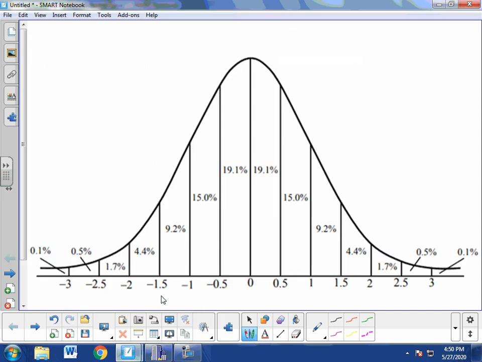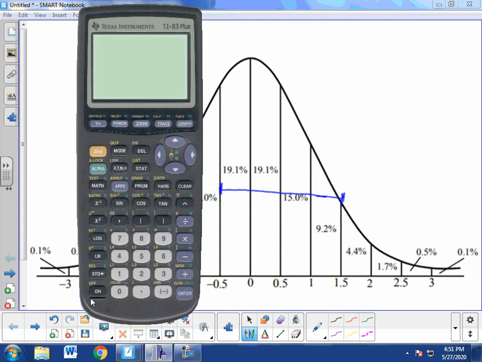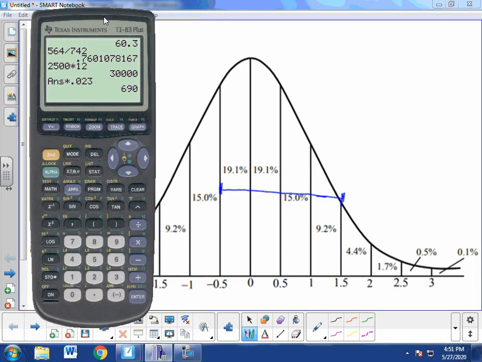So if I consult my chart, I've got a different chart up here, but it's the same chart, just not standalone. I'm going from here, negative 0.5, to here, 1.5. And so I can use my chart to add in those percentages. I don't need to know any of the scores that were obtained.